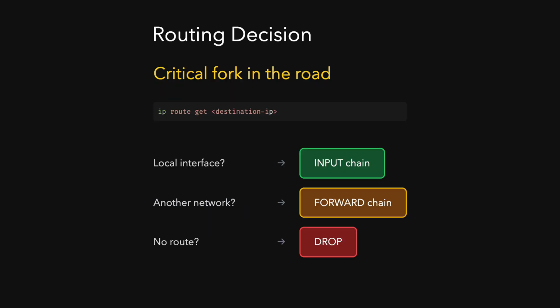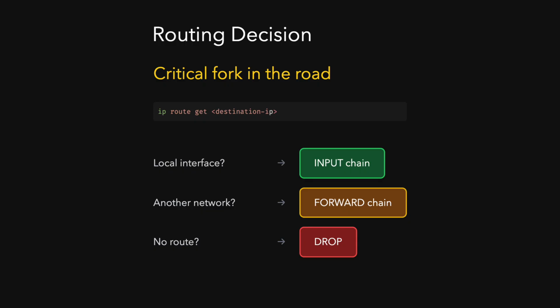After pre-routing, the kernel performs a routing lookup. Critical question: is this packet destined for a local process, or should I forward it to another network? The kernel checks its routing table to answer who should handle this packet. And we have three possible outcomes.